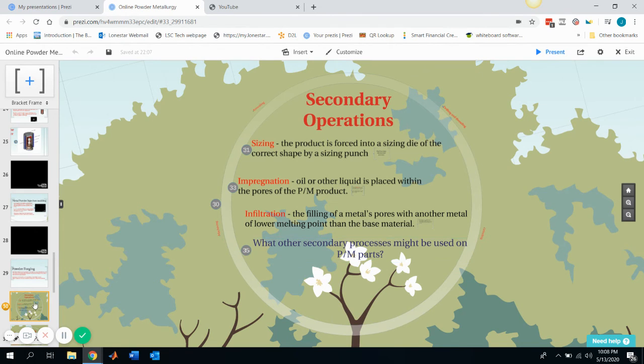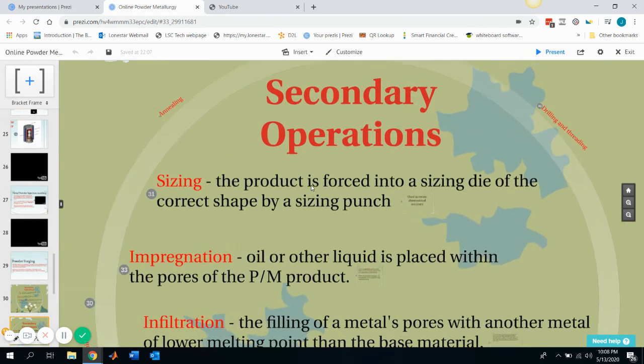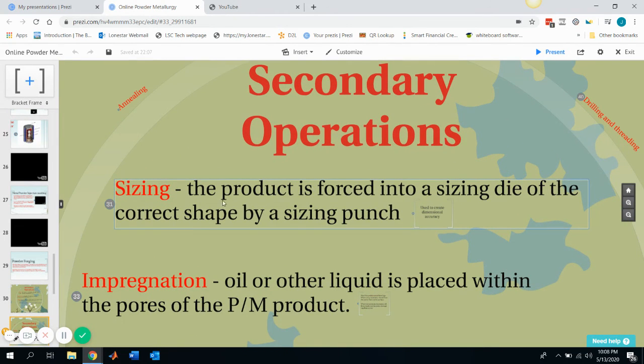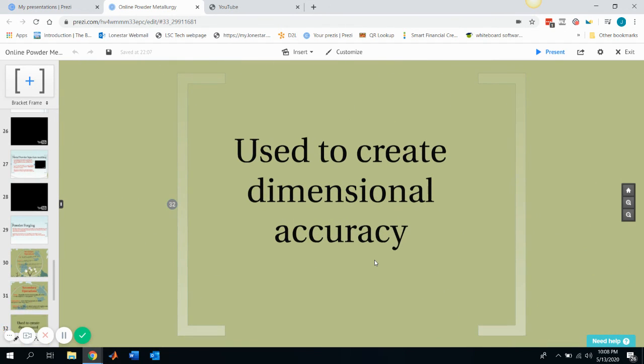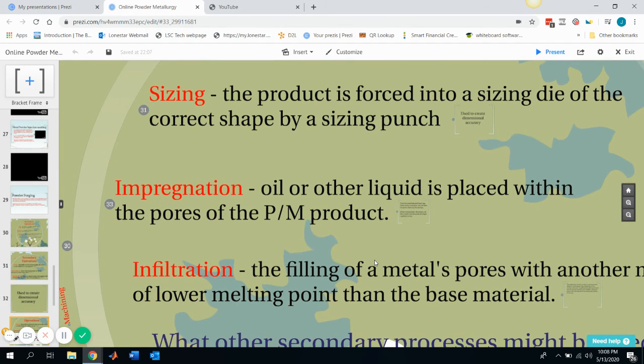Okay, so what are some other secondary operations that we have going on here? We have sizing, and sizing is when you force a product into a die that's very specific to the correct size, and so it's meant to ensure dimensional accuracy. You can have impregnation, which is where you put oil or some other liquid inside the pores of a powder metallurgy product.